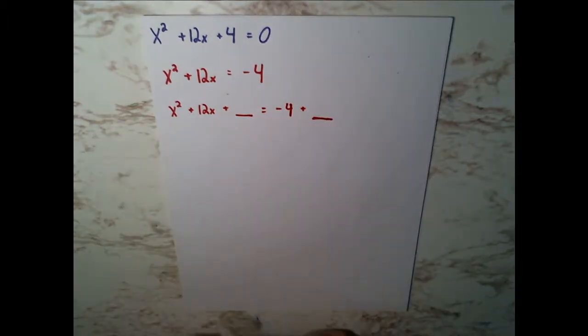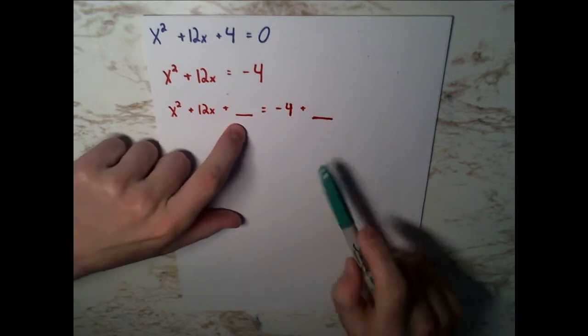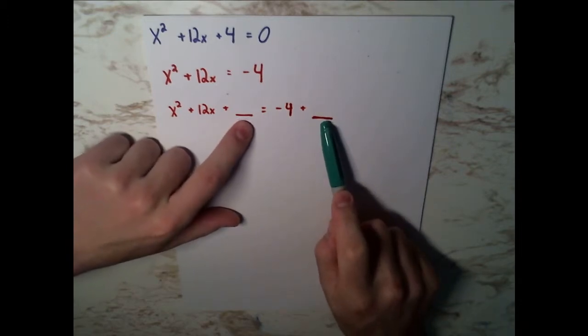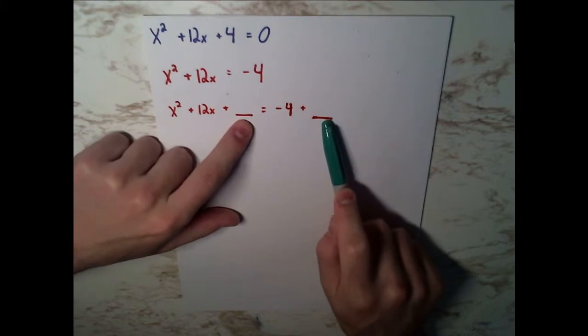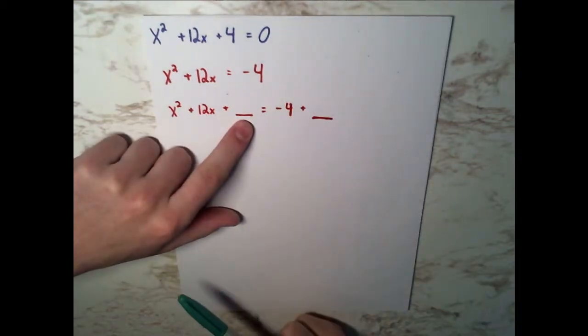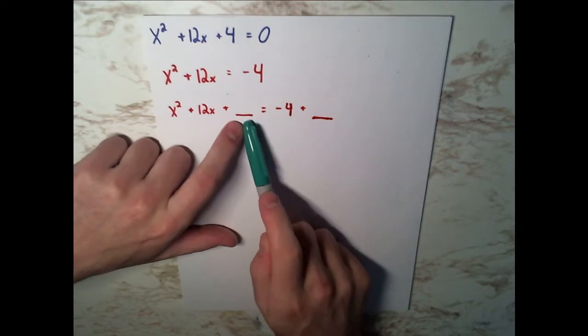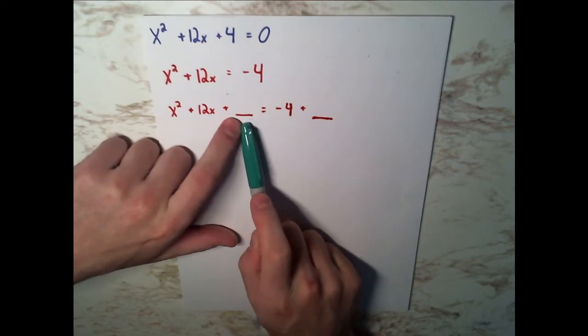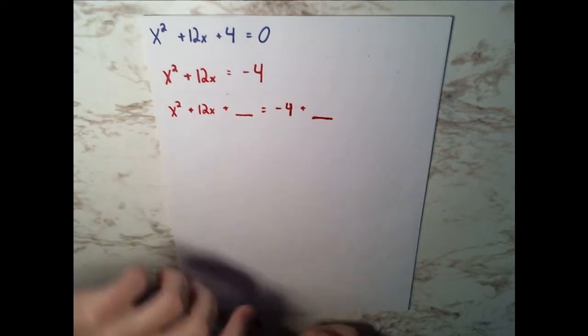Since we're adding the same number on both sides of the equation, we're not changing anything about the original equation. So just remember that when you add in your number here, also do it on the other side.